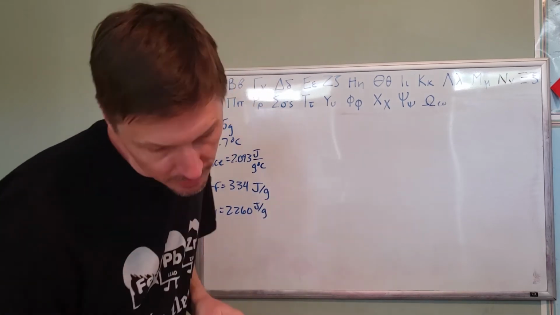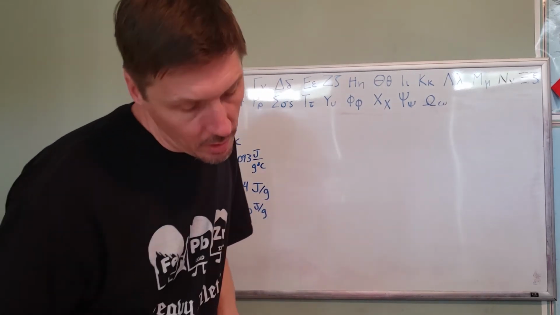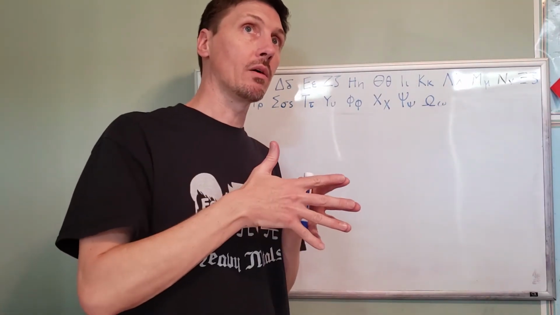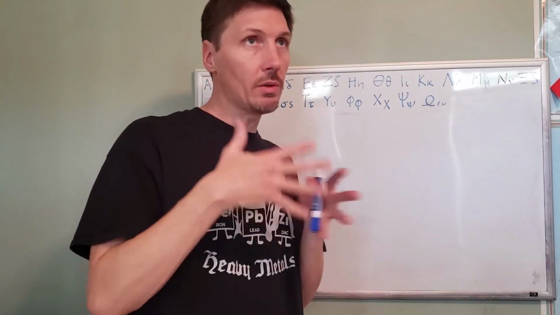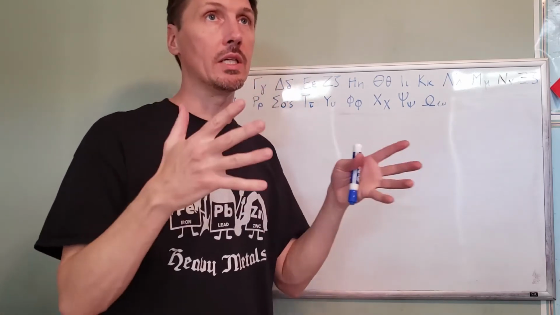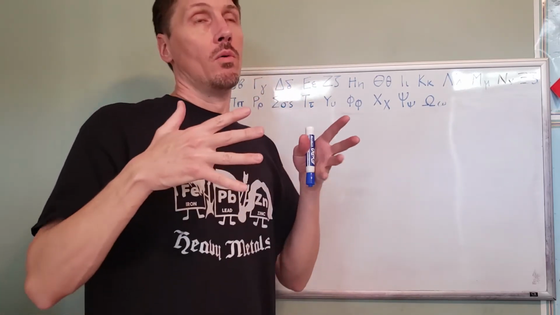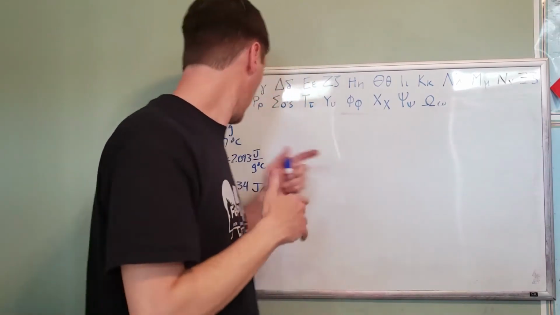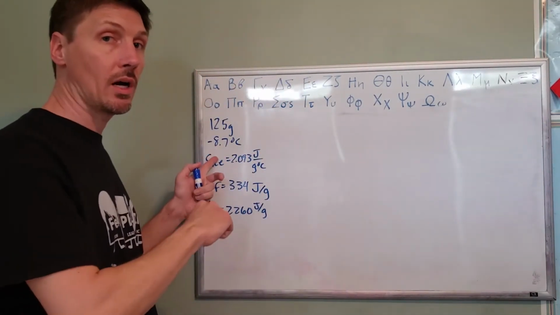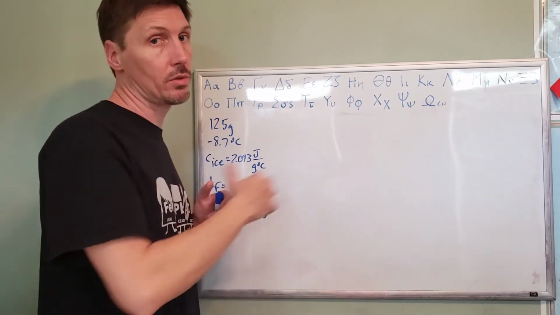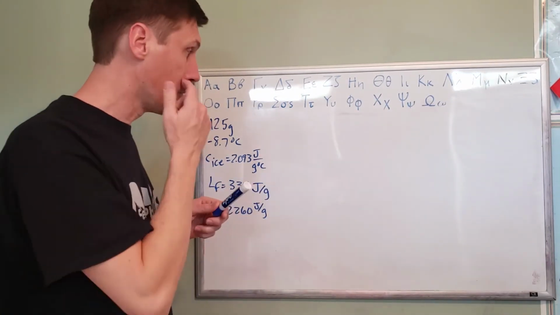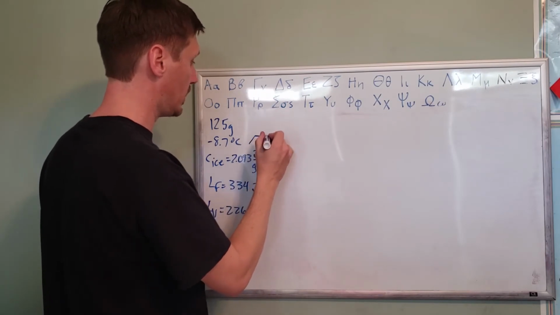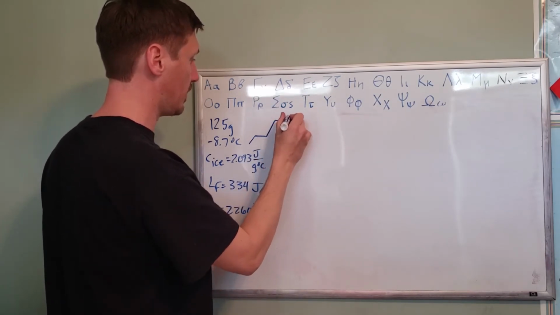All right, so there's the information that's given to us in the problem, right? So the first thing we've got to do is figure out the heat or the energy, however you want to use that, because heat is a form of energy. What's the heat that was required for it to go from this negative 8.7 degrees up to the 0 degrees Celsius? All right, so when we had our little curve, it went up, then it flattened out, then it went up again, it flattened out, then it went up, right?